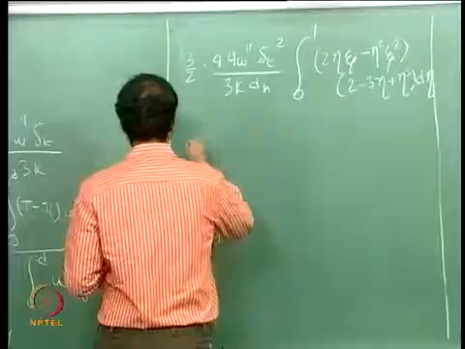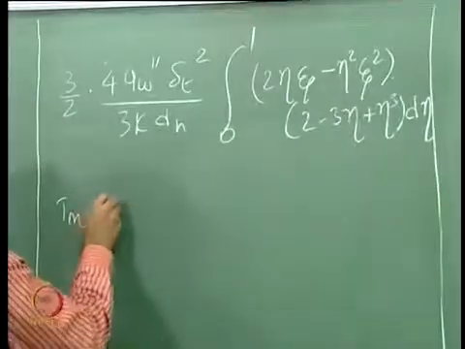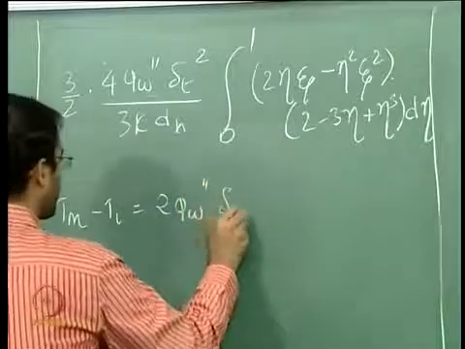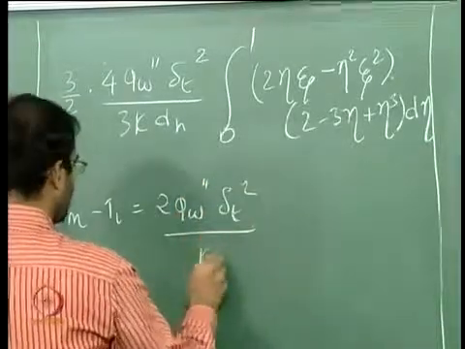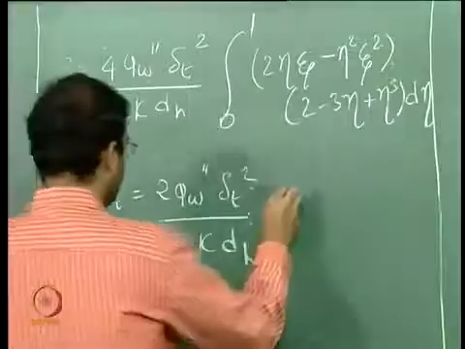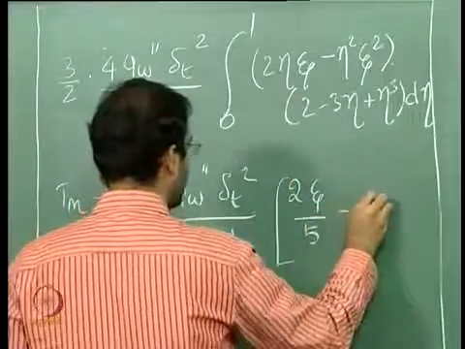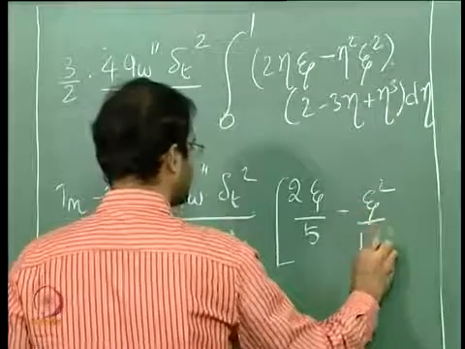So this gives my expression for Tm minus Ti as 2q double prime delta t square by k dh, and I don't eliminate any higher order terms of zeta.